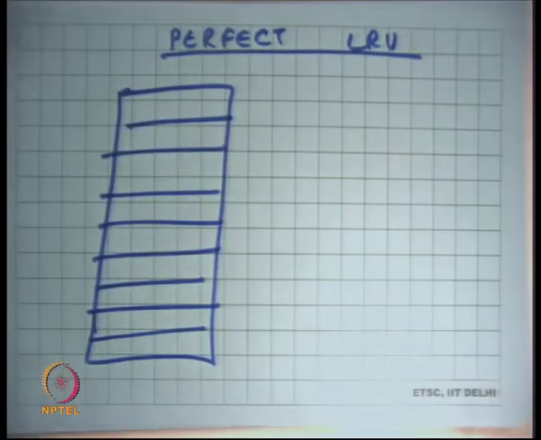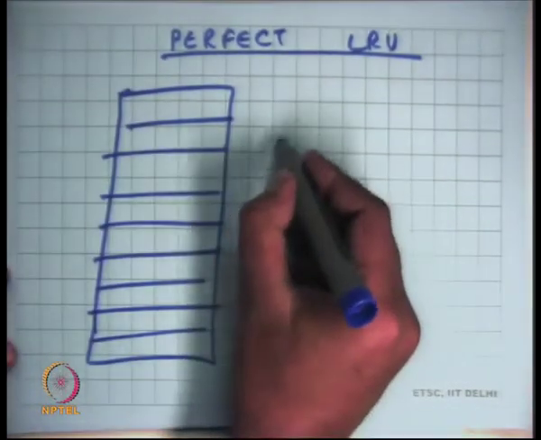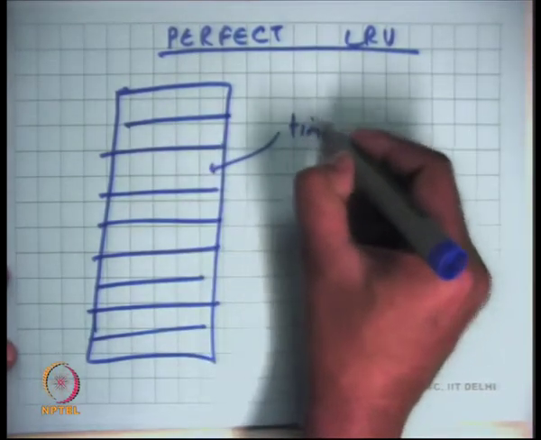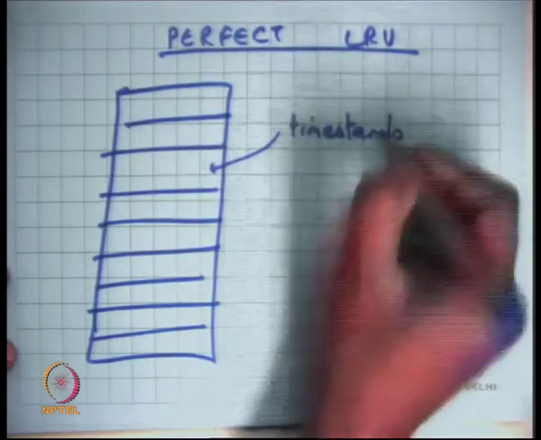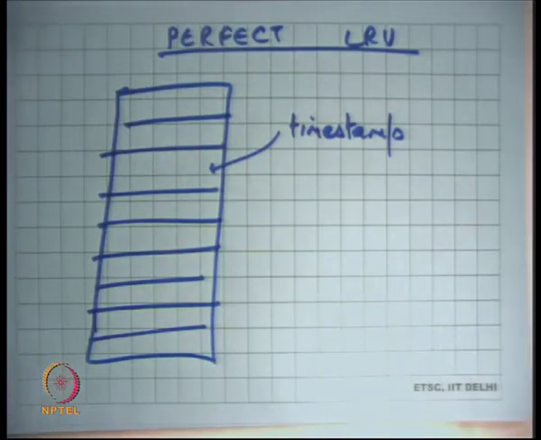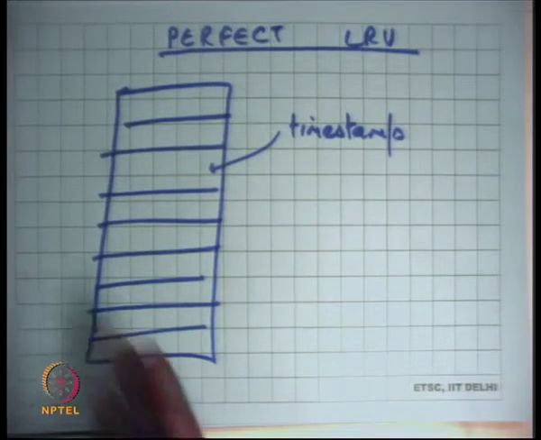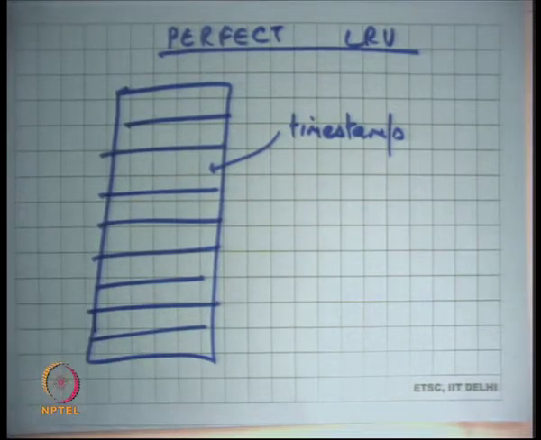Each time you access a page, you record a timestamp of when it was accessed, and then when you want to replace, you go through all your pages and look for the page with the smallest timestamp.